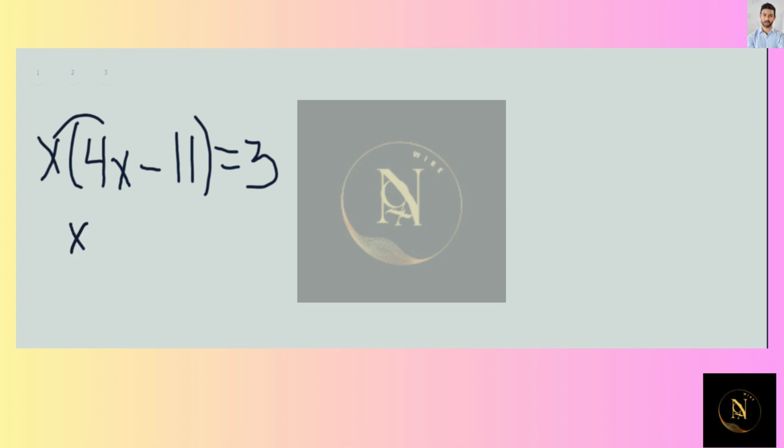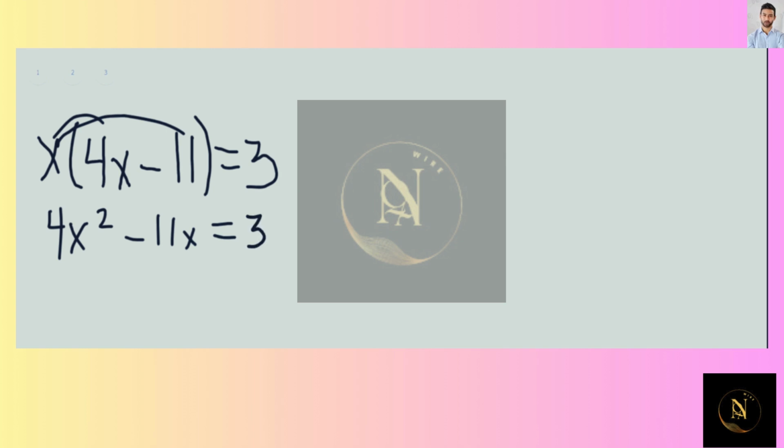So we're going to distribute x times 4x, which is going to give us 4x squared. Then we're going to distribute x to negative 11, which gives us negative 11x equals 3.